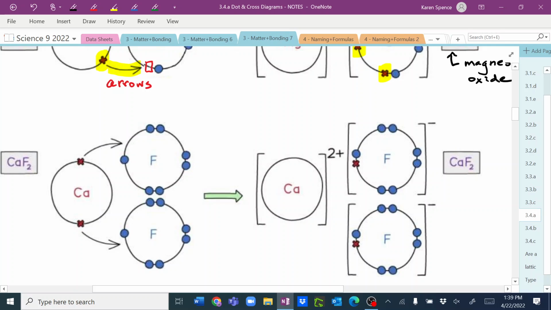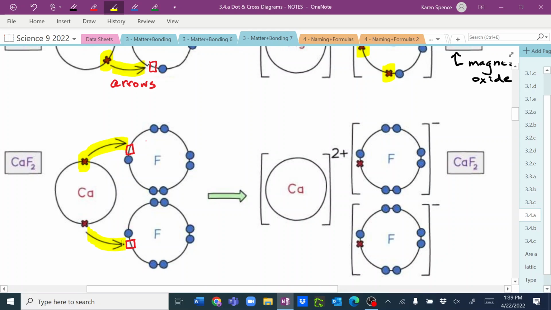So in order to satisfy calcium, we need another place for an electron to go, and so we need another fluorine, which also has only 1 hole, yes? And so it can give it to another fluorine atom. And that's why the formula for calcium fluoride is CaF2, because you need 2 fluorines to satisfy calcium giving away its 2 electrons, okay?